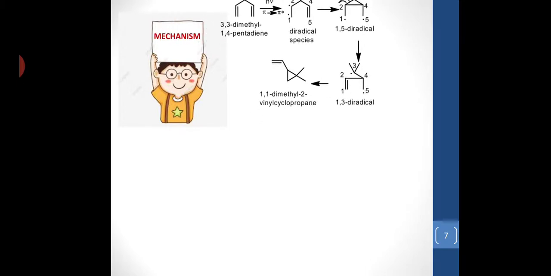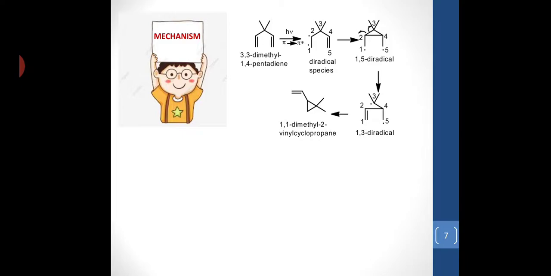Now let's look at the mechanism of the reaction. When a 1,4-pentadiene system is excited photochemically, a pi-pi star transition occurs, resulting in the formation of a diradical species. This diradical species gives rise to a 1,5-diradical through the formation of a bond between the C2 and C4 carbons, as they are in close proximity with each other.